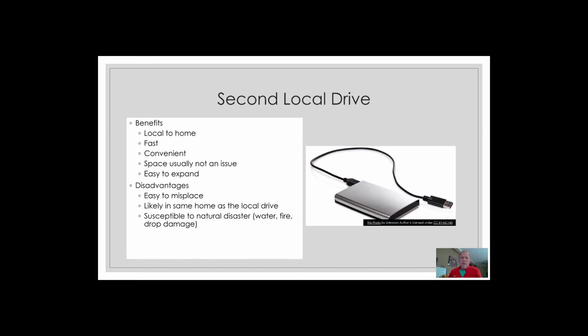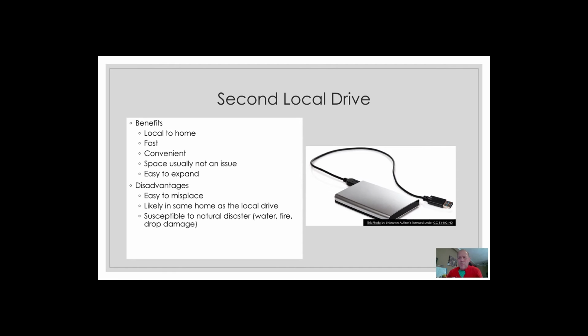So the second option, the second place, is to put it on a local drive. And what I mean by that is external to your computer. So the benefits: it's local to your house, it's on your shelf, it's fast, it's relatively convenient. Space is usually not an issue because that is easy to expand by just buying a second drive or a third drive or however many you need, or a larger drive.